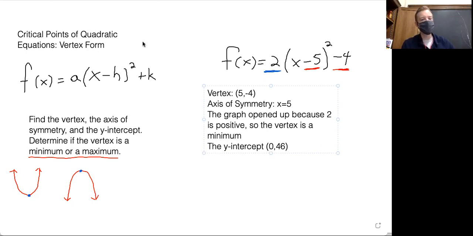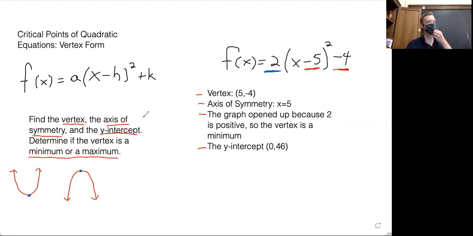So those are all of the things that we were asked to find. The vertex, axis of symmetry, and the y-intercept. Vertex, axis of symmetry, maximum or minimum, and the y-intercept. So it's all 4 things that we needed right there.